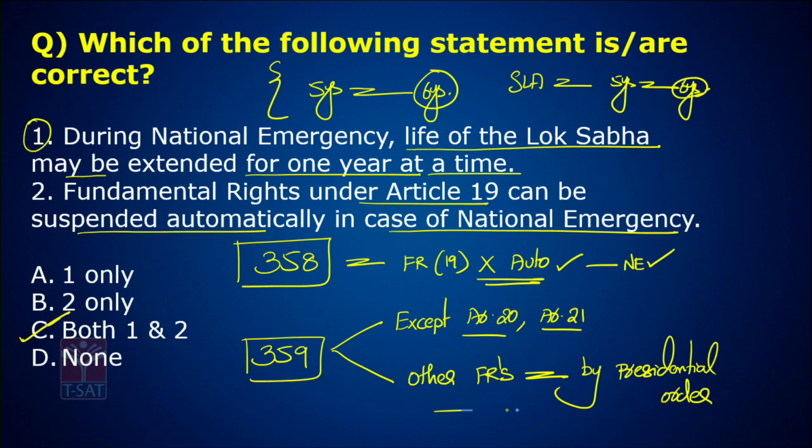The President, by a presidential order, has the authority to suspend other fundamental rights except 20 and 21 in case of national emergency in force as per Article 359. Okay, very, very important for the exam.